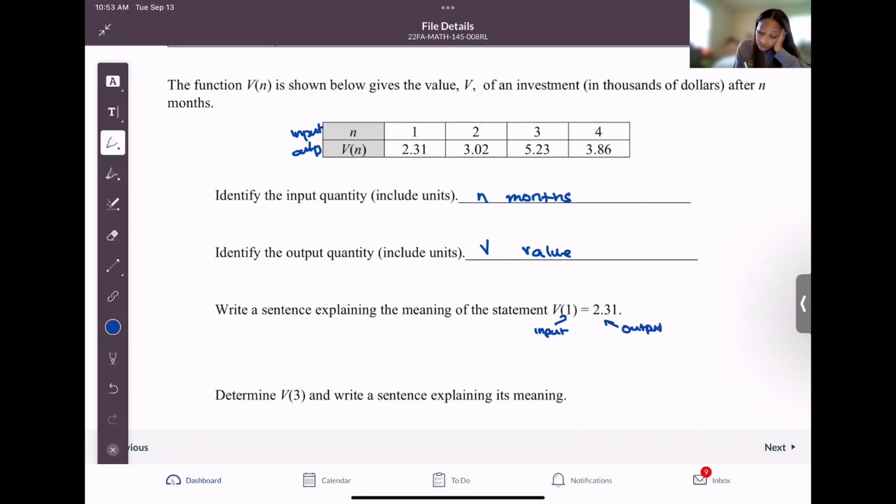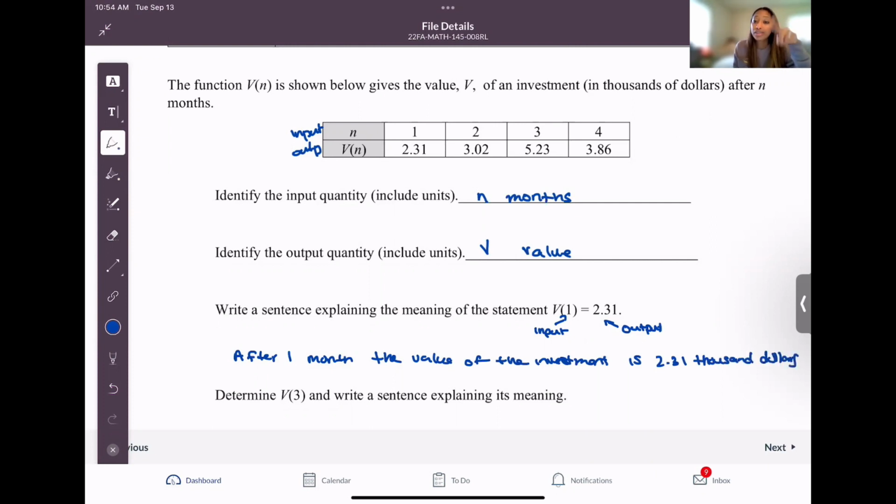So this is saying after 1 month, the value of the investment is 2.31 thousands of dollars, so $2.31 thousand. You can also write that as $2,310 if you want to.